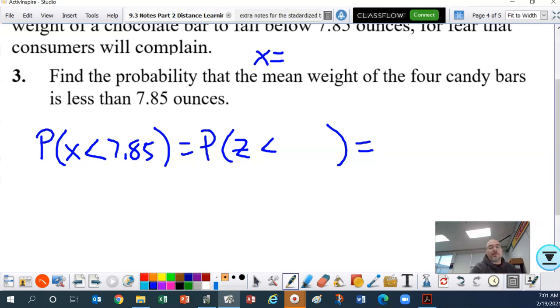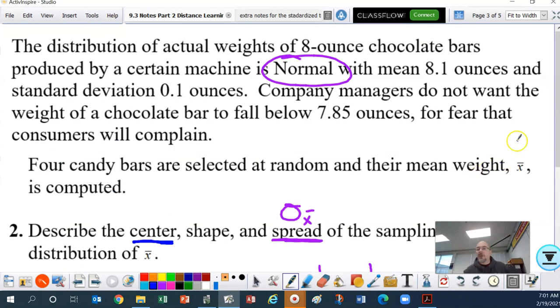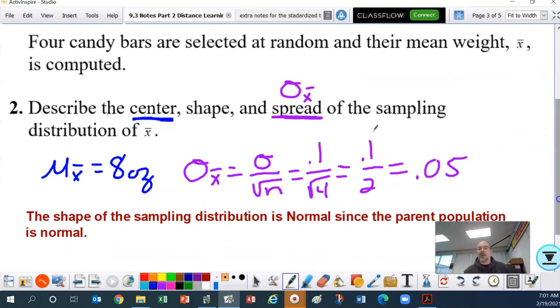All right, so here we go. Z equals 7.85 minus the 8, divided by, now we already found the standard deviation right here, so I don't need to do this part again.